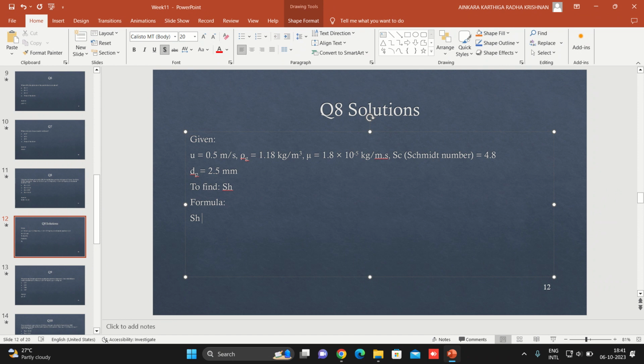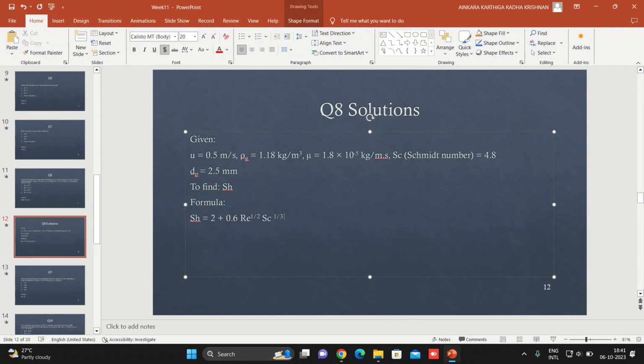Sherwood number is equal to 2 plus 0.6 into Reynolds power 0.5 into Schmidt power 1/3.